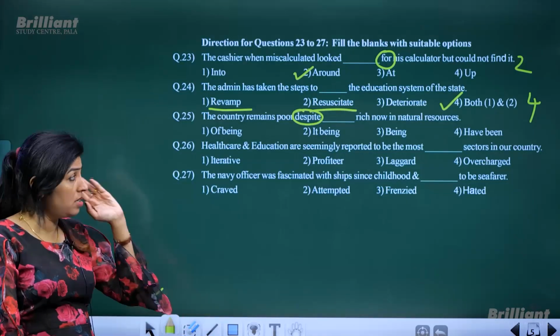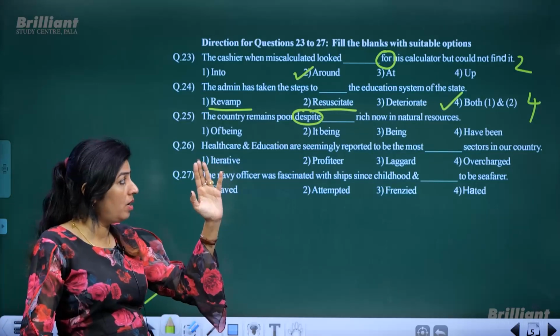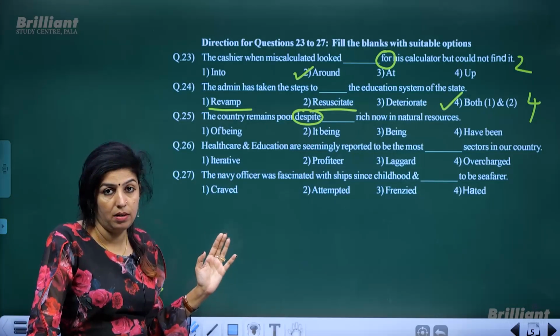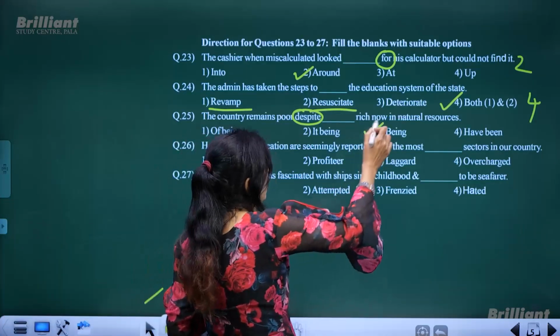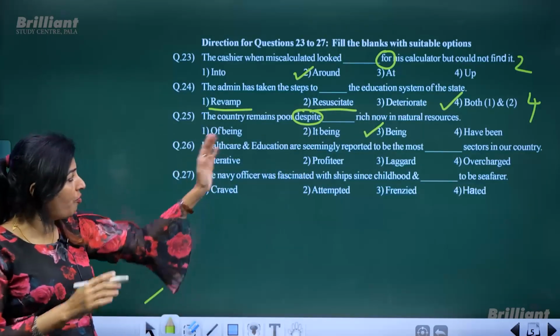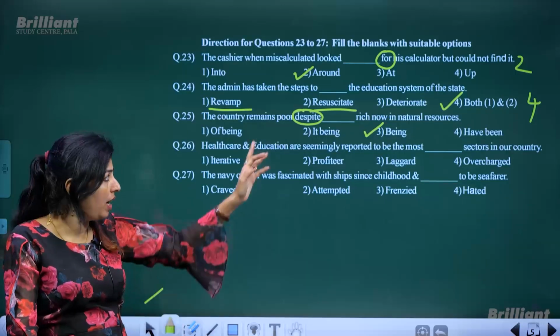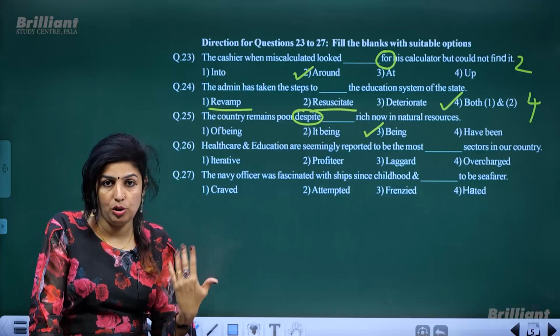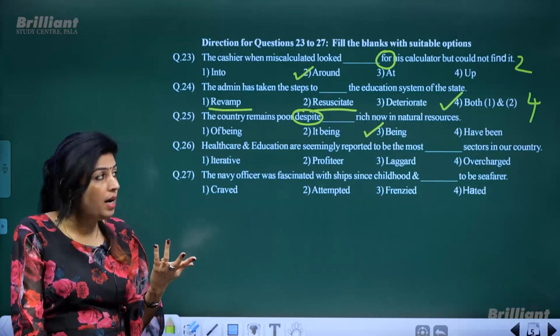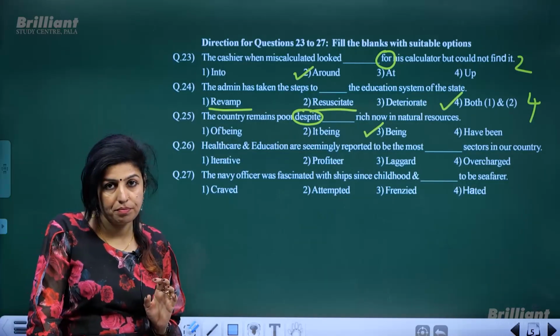So you can go straight for the ing form of being. That means despite being, third option. So here despite of being is not used. I told you in spite of is used. With in spite you can use of, but not with despite.